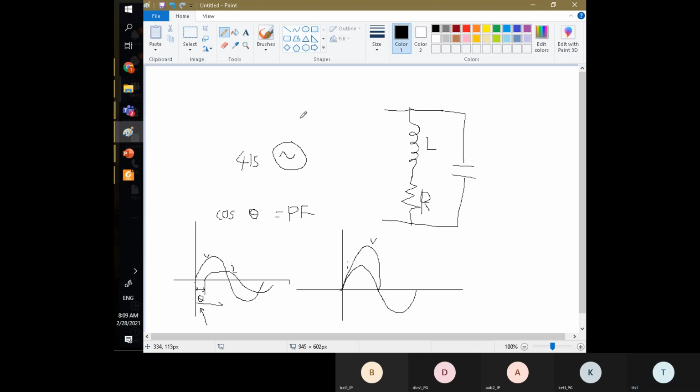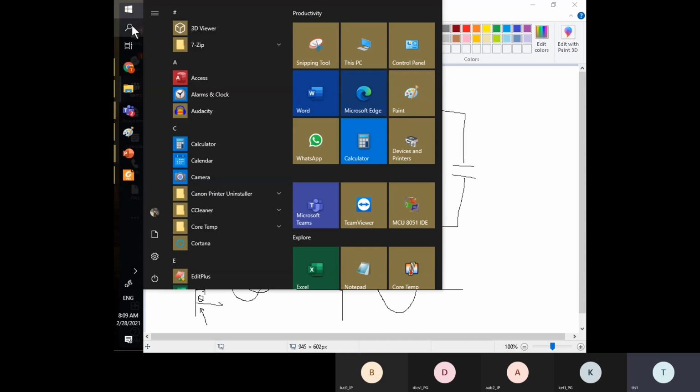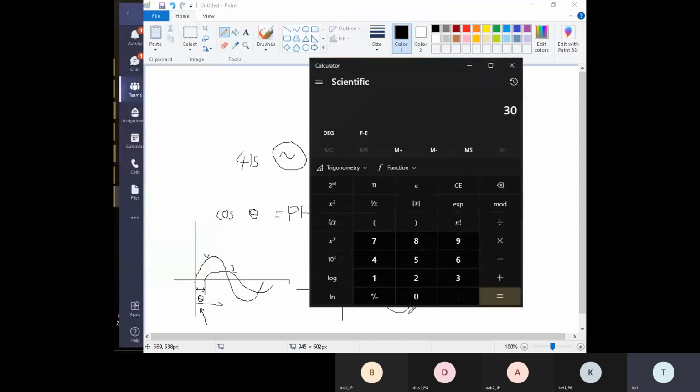So if this angle, let's say, is 30 degrees, we take the cosine of 30 degrees. So the power factor is 0.86, right? 0.86 is considered not so serious.